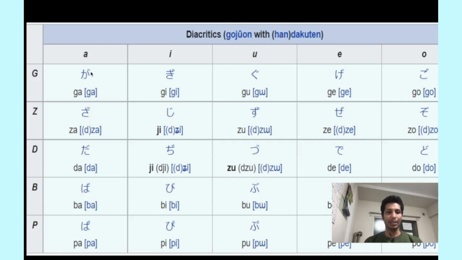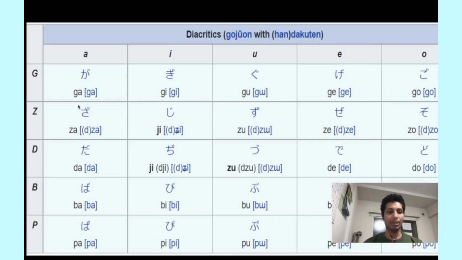This is dakuten, so this is ga line. Earlier, if I don't put this tenten here, then it was a ka line. So without tenten it is ka, ki, ku, ke, ko, right? So when I put dakuten here, it becomes ga, gi, gu, ge, go. And then sa, it was sa.